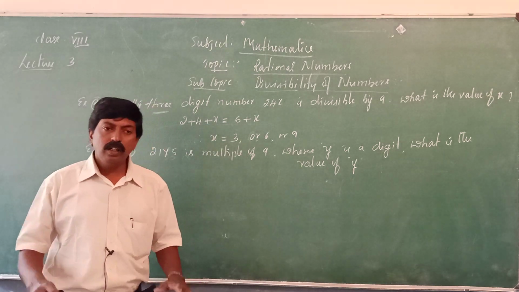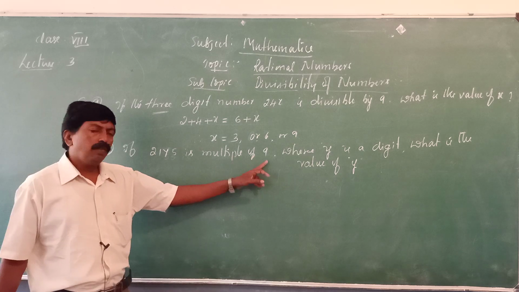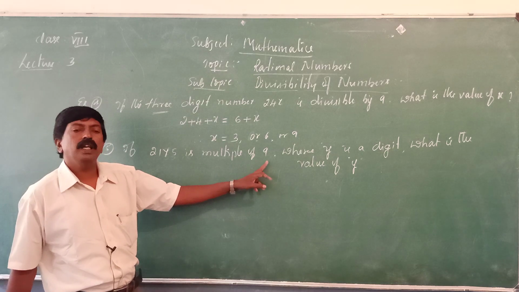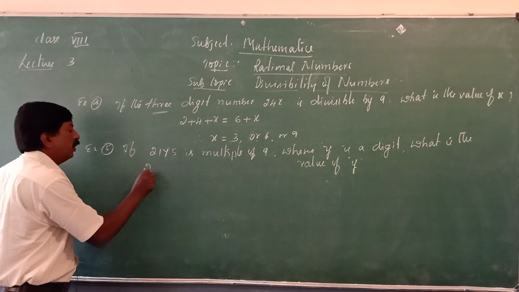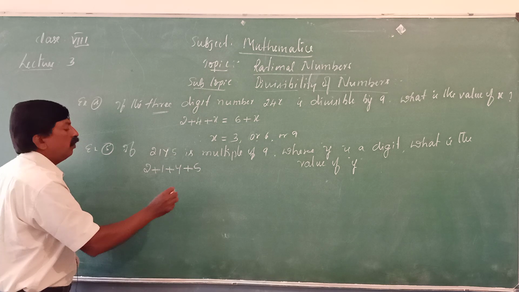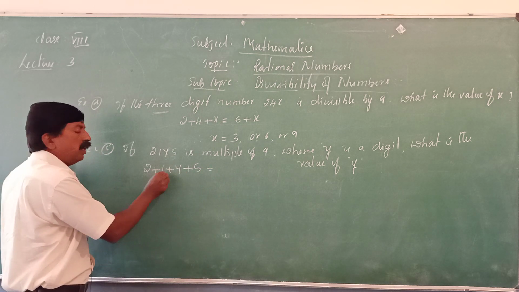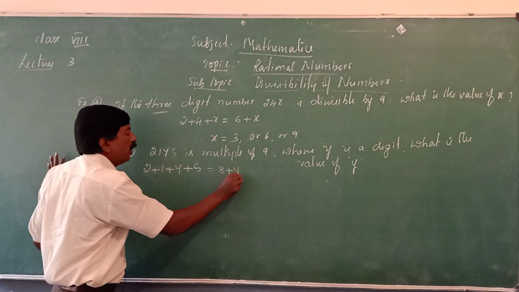We know that division is the inverse process of multiplication. So a multiple of 9 must be divisible by 9. Find its sum: 2 plus 1 plus y plus 5. 2 plus 1 is 3, plus 5 is 8, plus y.